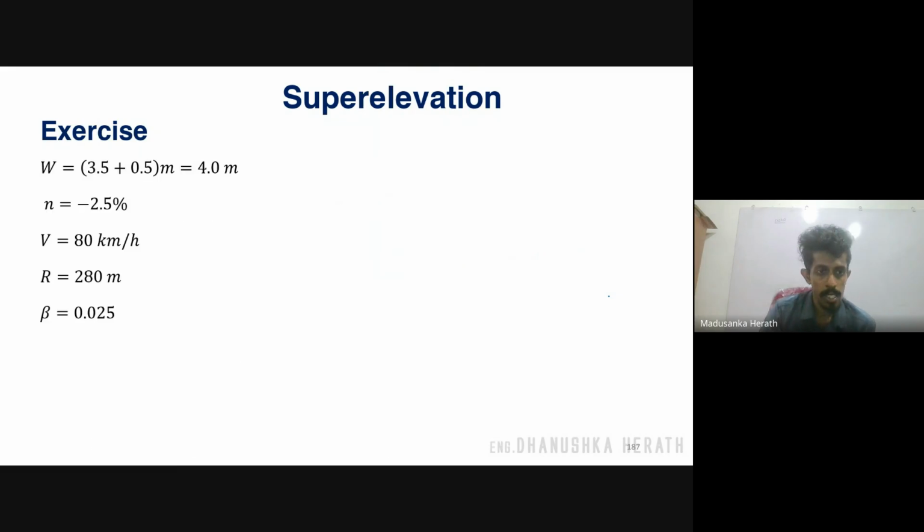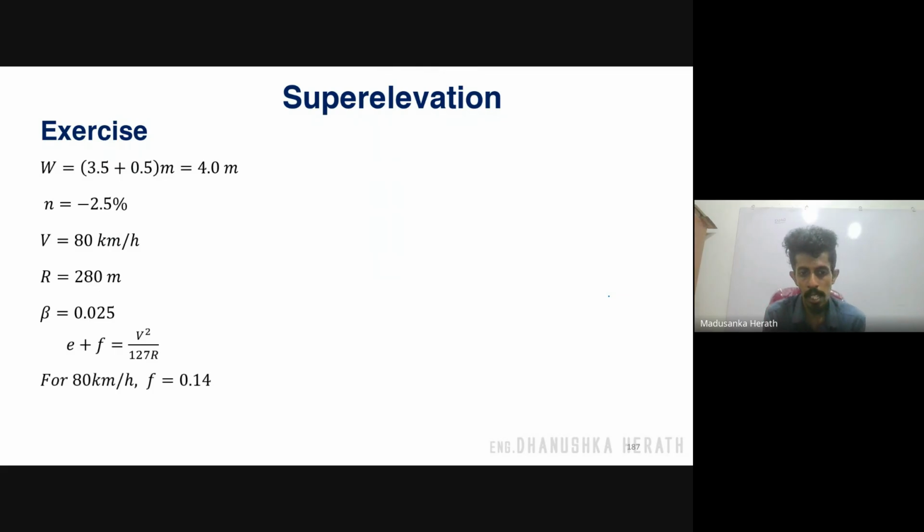Right, shall we discuss? Width is given as 4 meters, 3.5 lane and 0.5 shoulder. Then normal crossfall is minus 2.5. Then V is 80, R is 280, beta is 0.025. So first we have to calculate the super elevation.